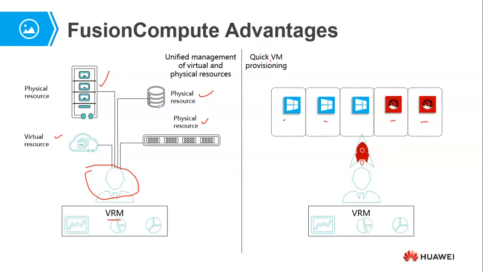So these are the VMs. You can see quick VM deployment. Basically, after you log in, you can create a virtual machine. Then you can install an operating system on it. Very easy, the same steps that we did in the lab.